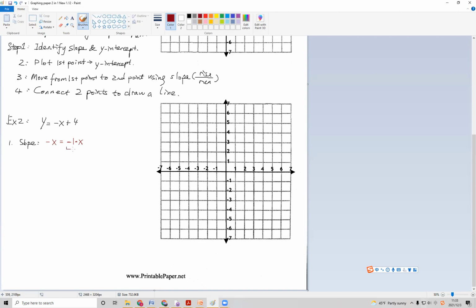So what is the slope? Slope is negative 1. Now the y-intercept is positive 4.